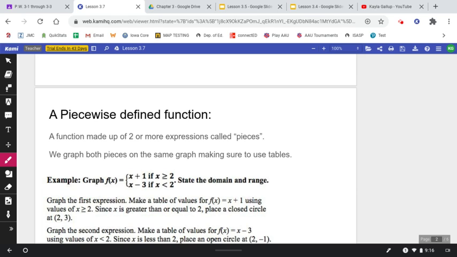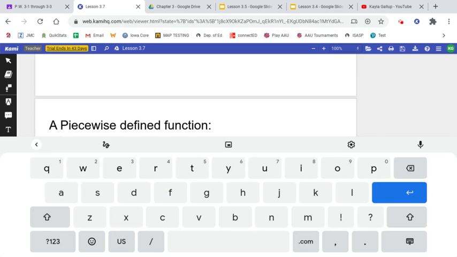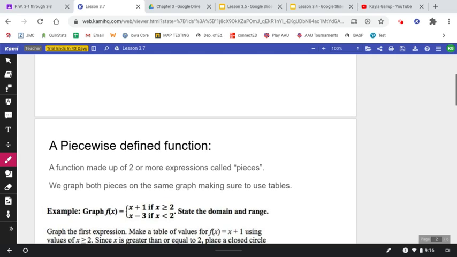So instead of doing an entire line on the graph, we're only going to graph a piece of it. So we're going to cut off part of it, and instead of drawing this whole part, we're only going to do maybe the middle piece or maybe the end piece or some part of it.